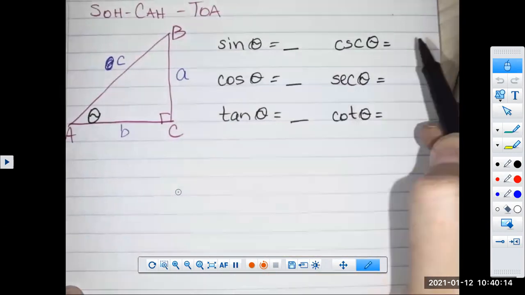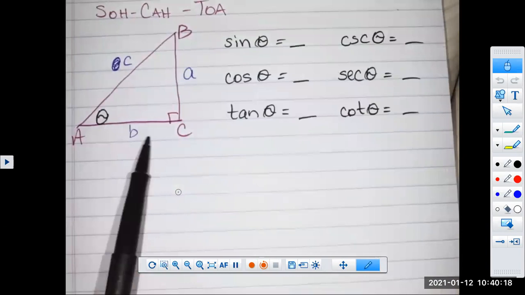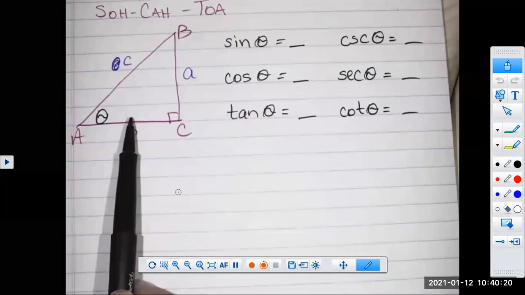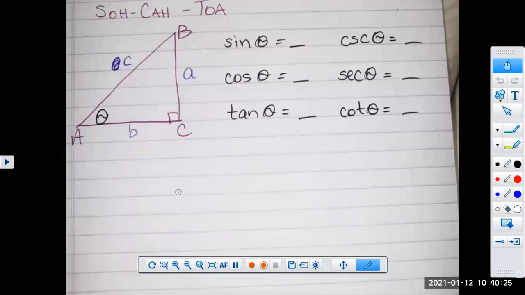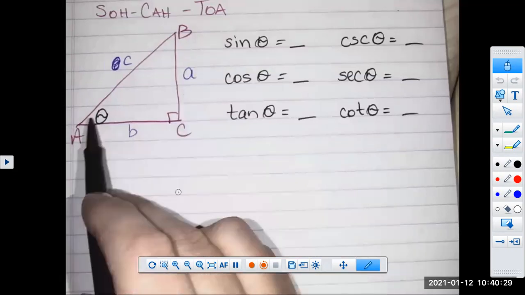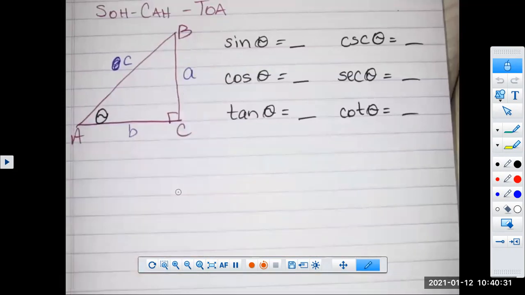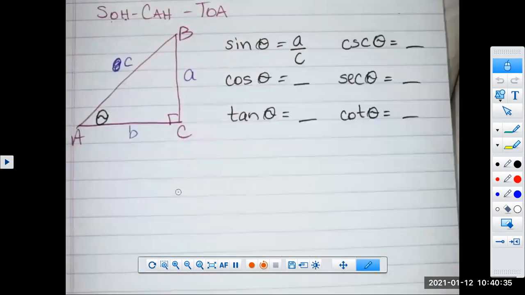Okay, the sine of any angle is, notice that you've got these two sides that form the angle, C and B, but side C is your hypotenuse. So that means B would be your adjacent side. And A is not touching angle theta, so that's your opposite side. So sine is opposite side over your hypotenuse.